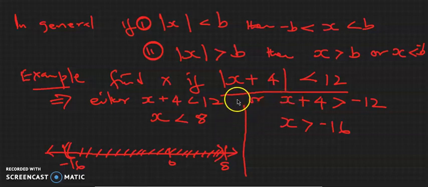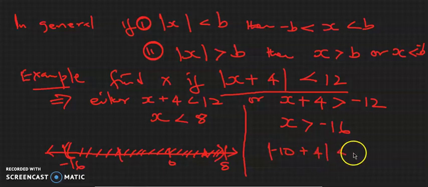So for example, suppose we take x as negative 10. Then we have negative 10 plus 4, and the absolute value of negative 6 is 6, which is less than 12.